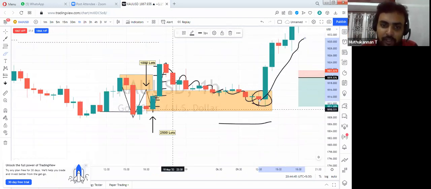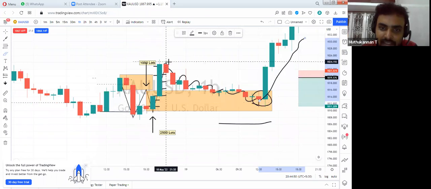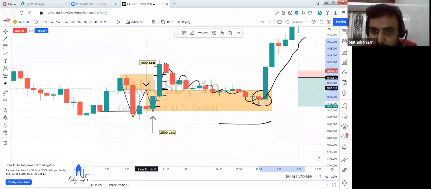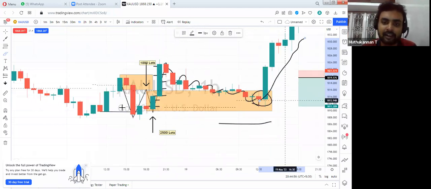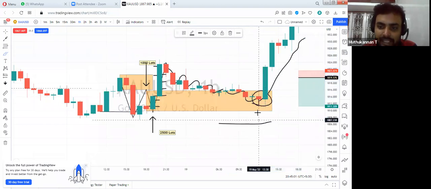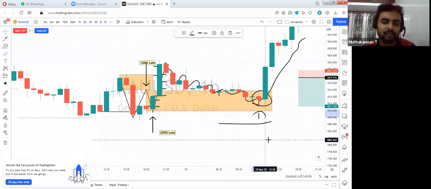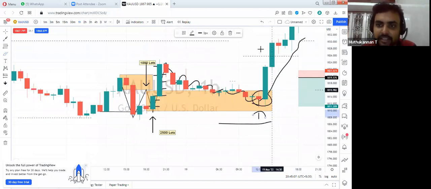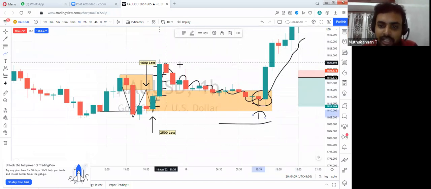So we should not chase the price. We should wait for the price to come to our level. This is our level, and when it comes here, we will be buying from here. In this case, we are not chasing the price. We are trading logically.